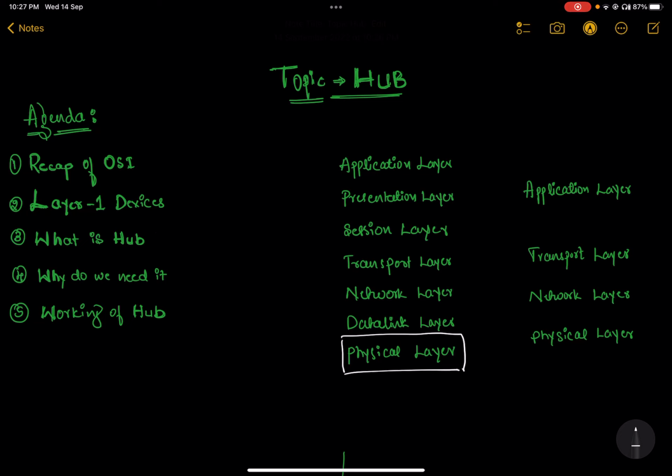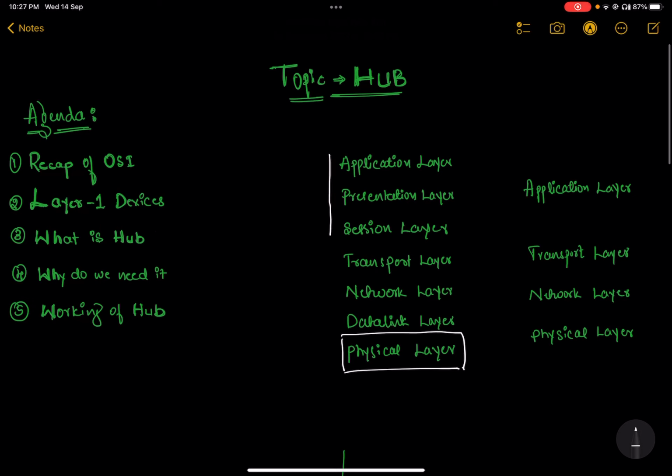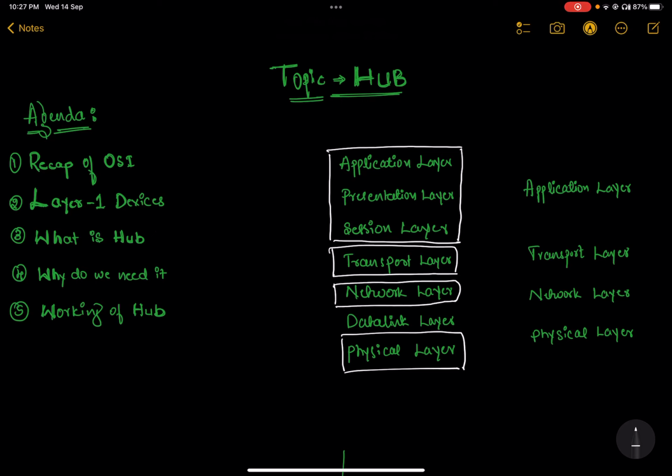In OSI we have 7 layers. In TCP/IP it depends how we categorize it, but usually it's 4 layers. So let me put it this way. I would group my top 3 layers here, the transport layer alone, and the network layer alone.